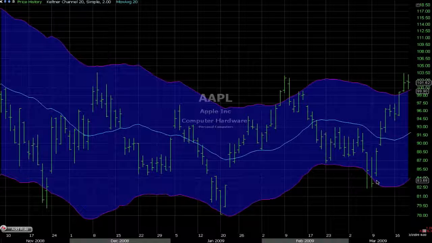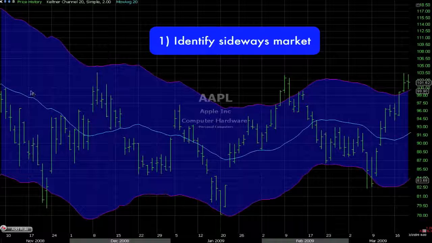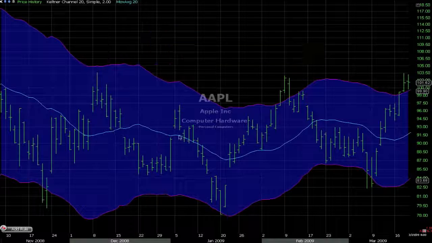So how can we trade this? Well, first, identify a sideways market. We do that by looking at the MA and waiting for a relatively flat MA. Then we also want to see price oscillate around the MA.